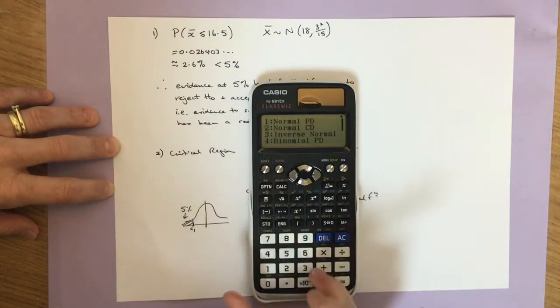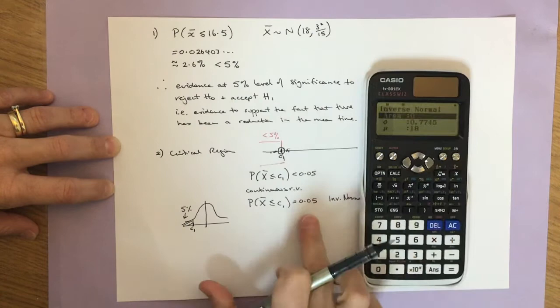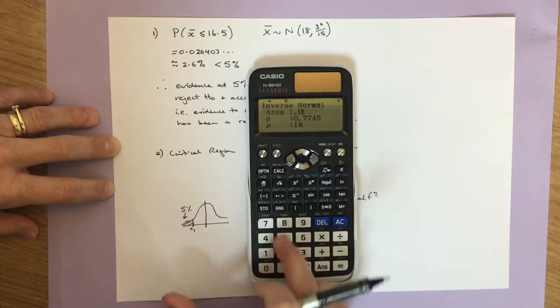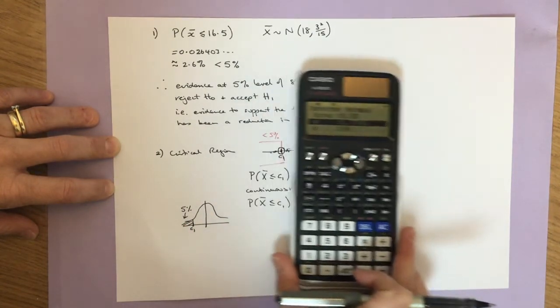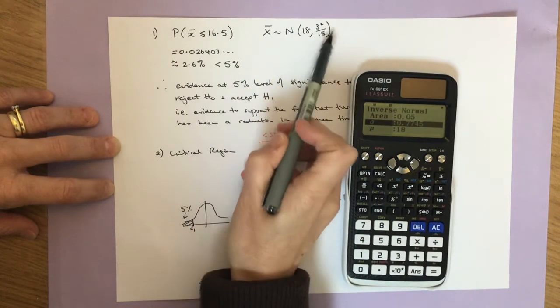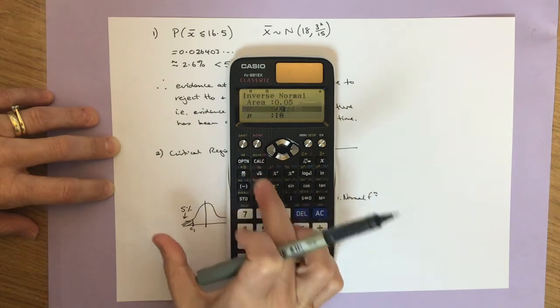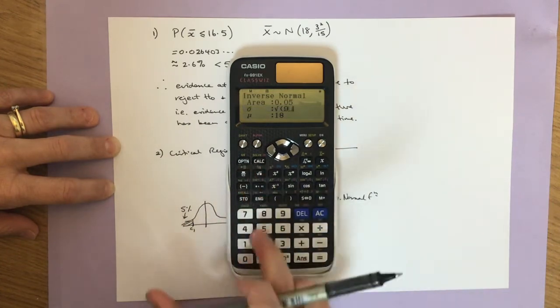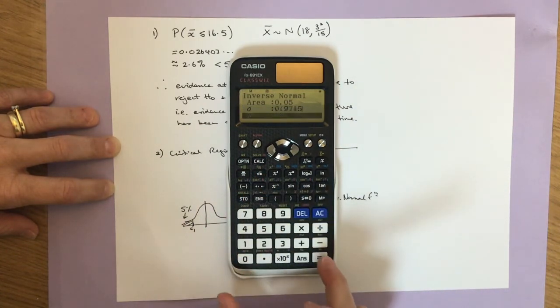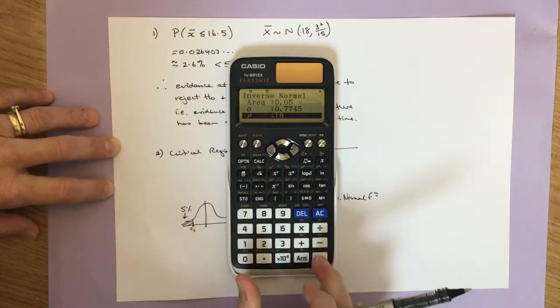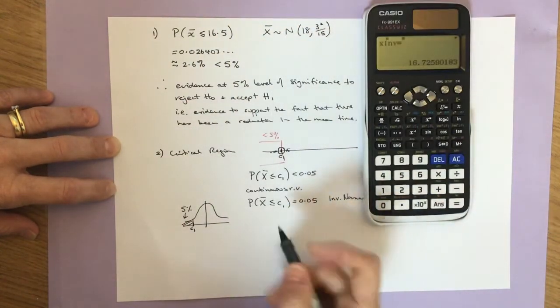So I want my inverse normal. My area is my 5%, so 0.05. My standard deviation is the same as this, the square root of here. I think that's still in, but let's just check. So my standard deviation, the square root of 9/15. The mean is 18. And there's my critical value.